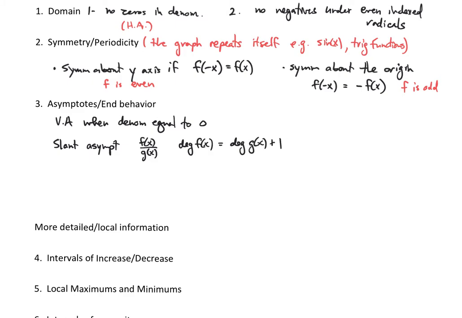And then you can just divide the functions to find the equation of the slant asymptote. Divide f and g to get the equation of the line, which is the slant asymptote.